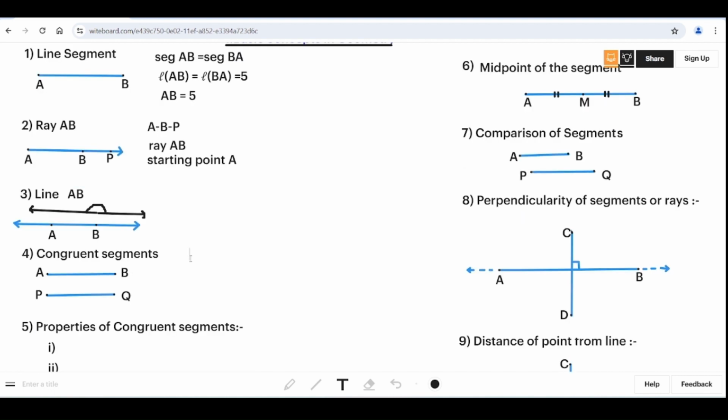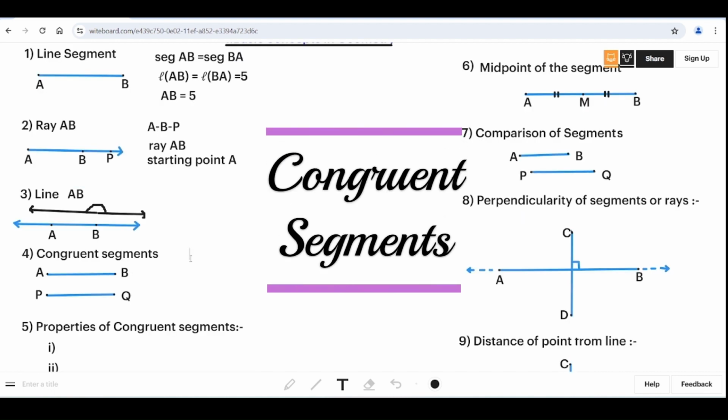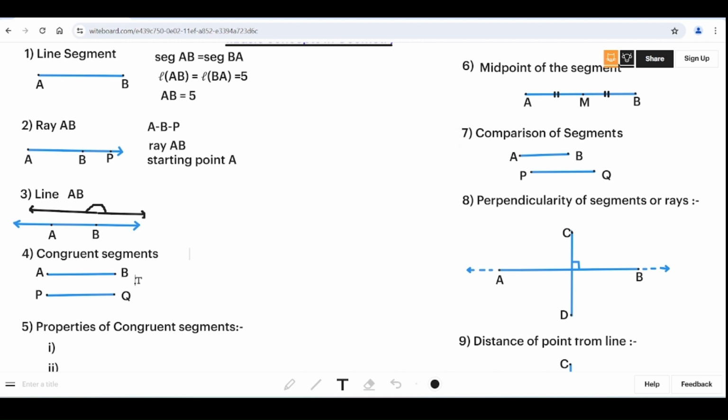Okay. Now, the fourth concept is congruent segments. Here we have a line segment AB and the segment PQ. Let's consider that their lengths are equal.